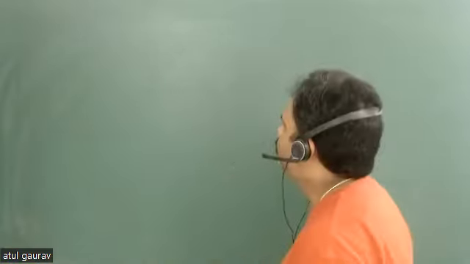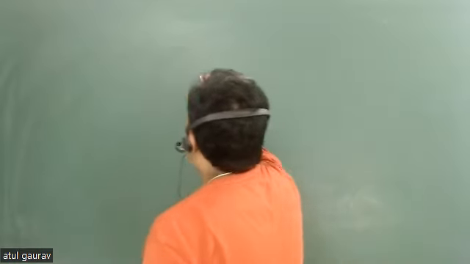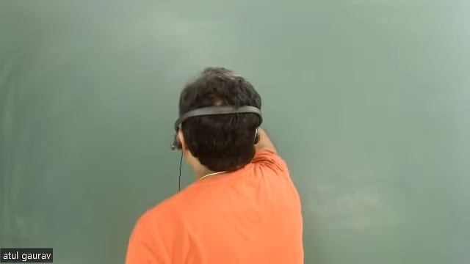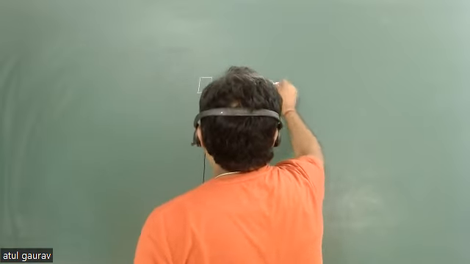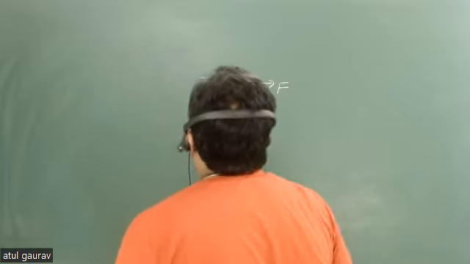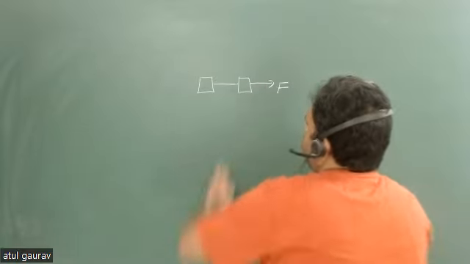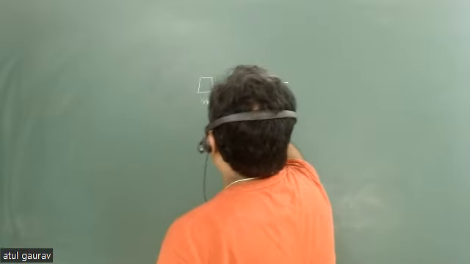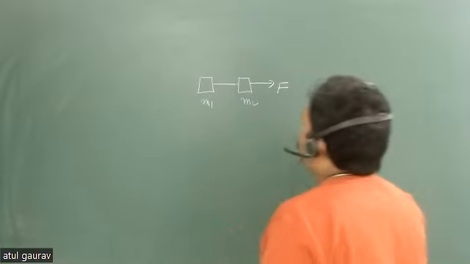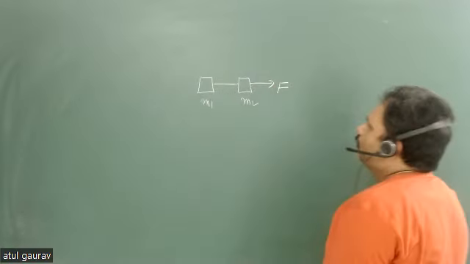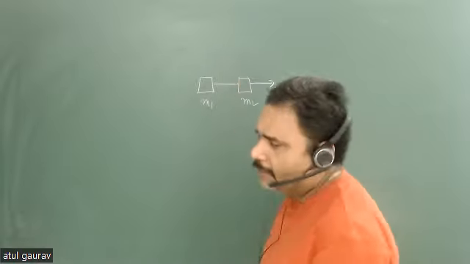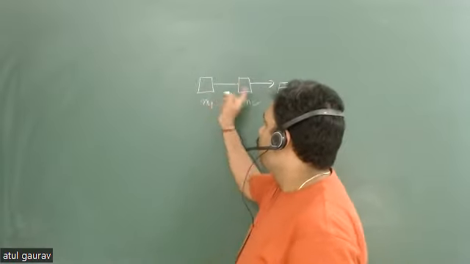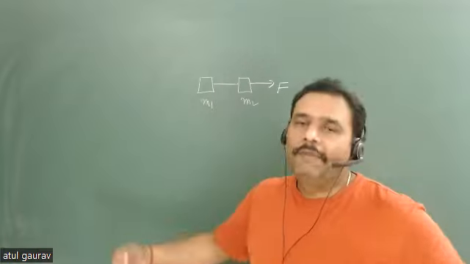Okay. Suppose you have one mass and there is another mass, and you are pulling with some force F. Let's say this mass is M1, this mass is M2. Then you are pulling this particular mass M2. In this particular string, the tension will develop.